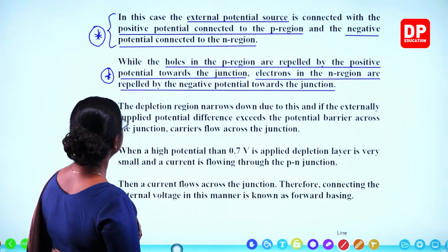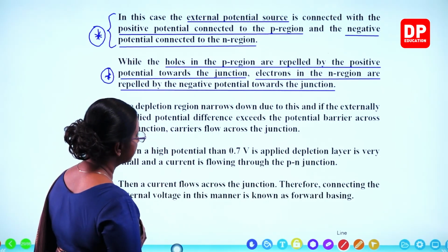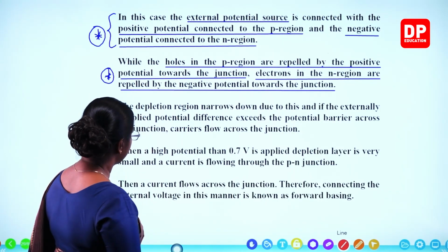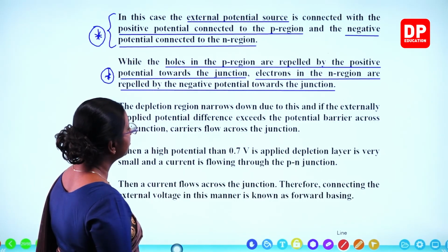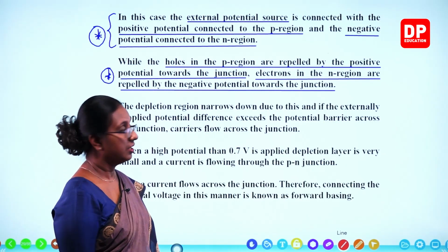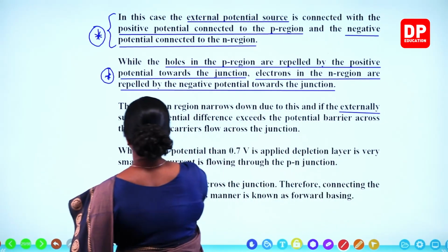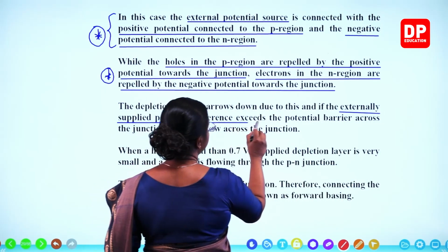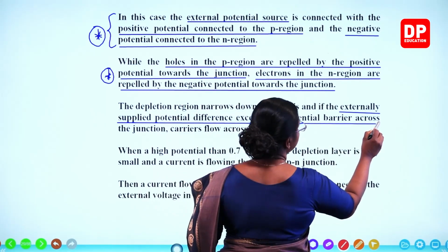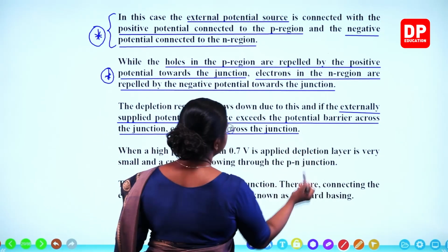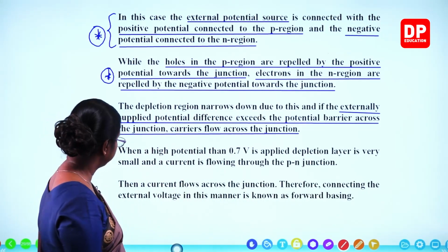And if the externally supplied potential difference exceeds the potential barrier across the junction, carriers flow across the junction. You have to remember this also.